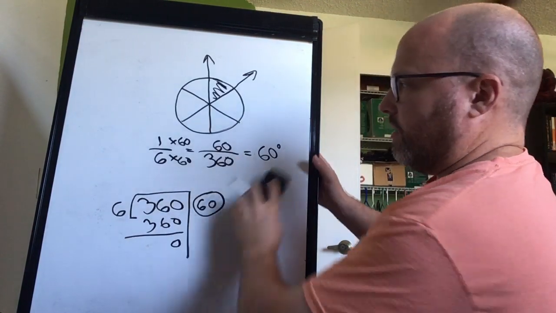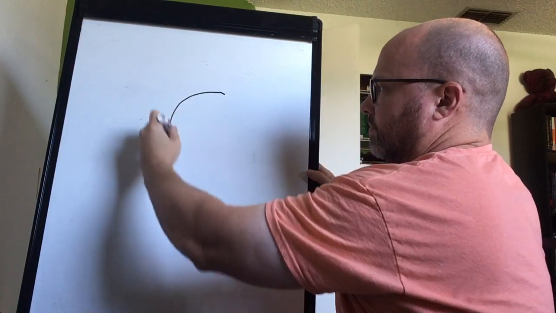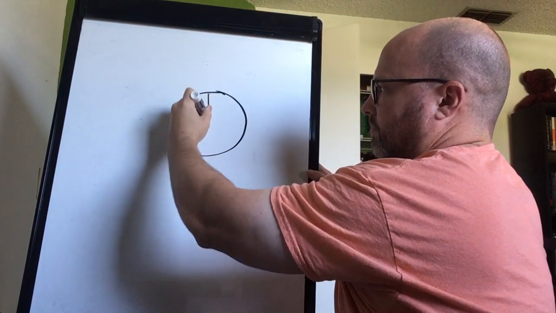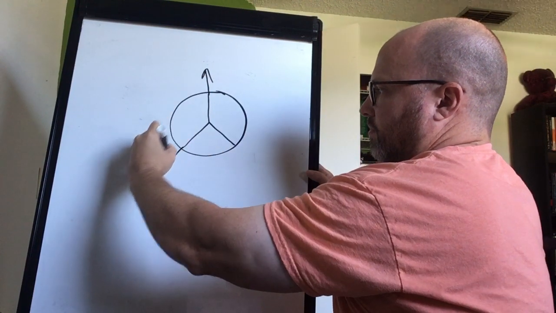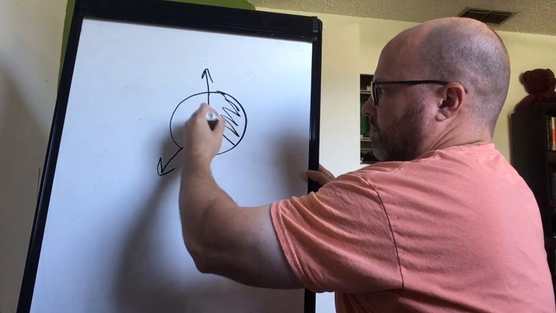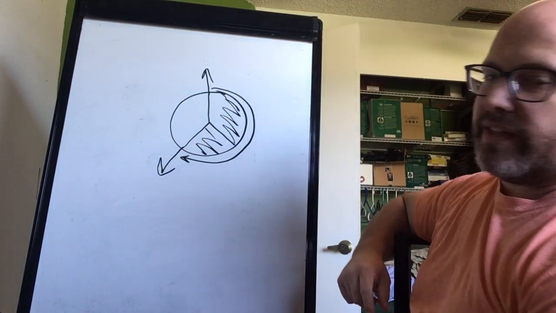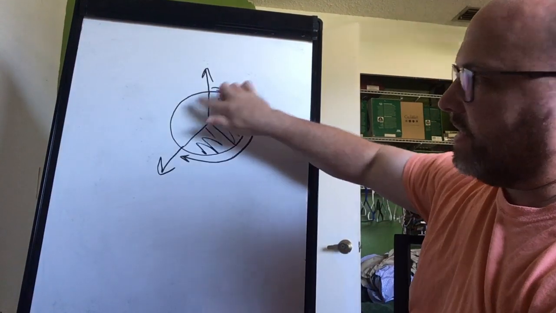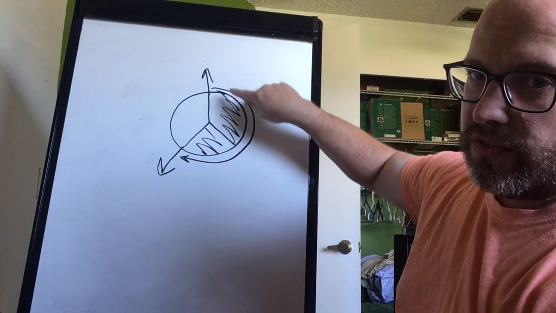All right, let's do one other one. Now let's say that this is an angle, but it's not the 1/3 that's over here. This angle is actually 2/3 of a turn.